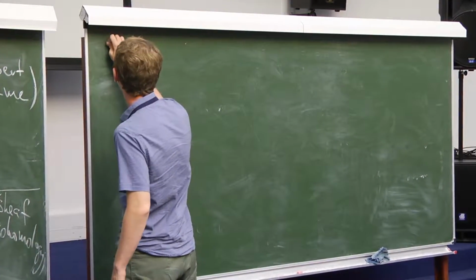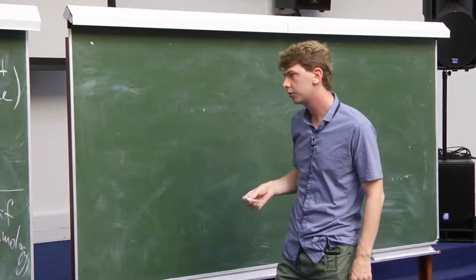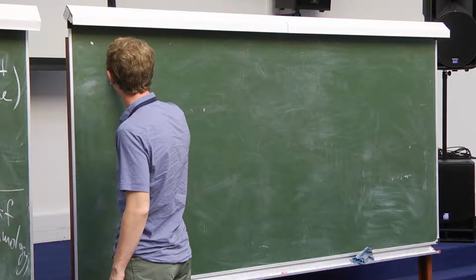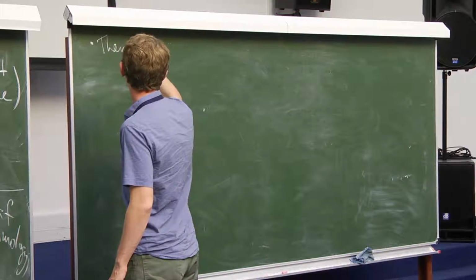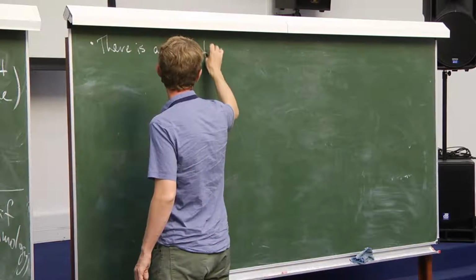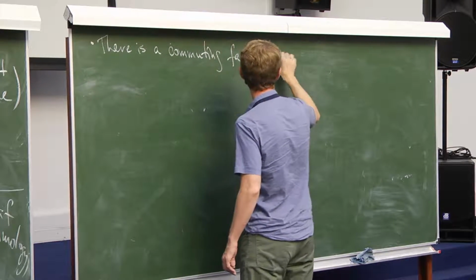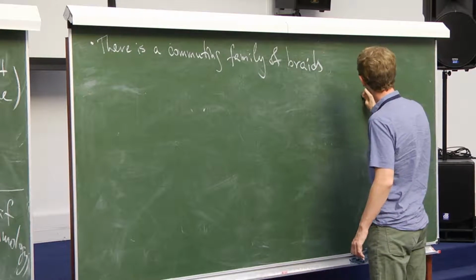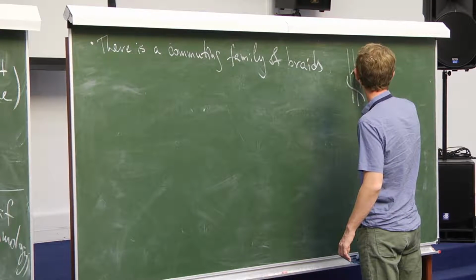Now the next thing, which makes this a bit more interesting, is what the properties of I lower star of beta are. The properties are that there is a commuting family of braids which can be drawn as follows. You take a strand, something like this.